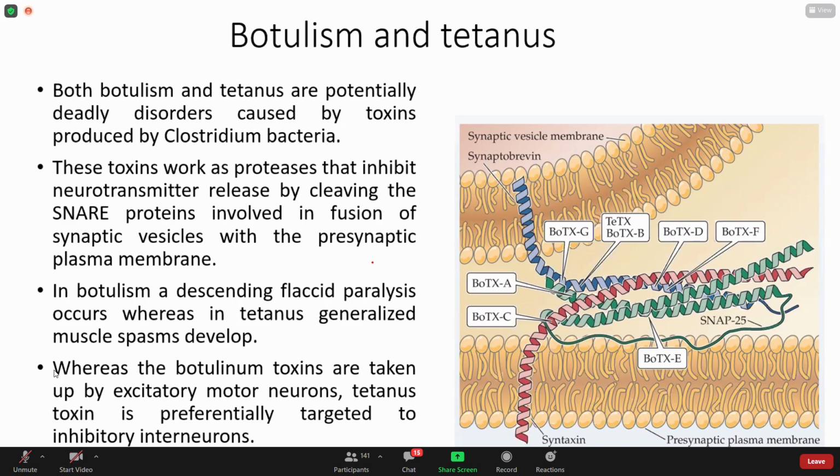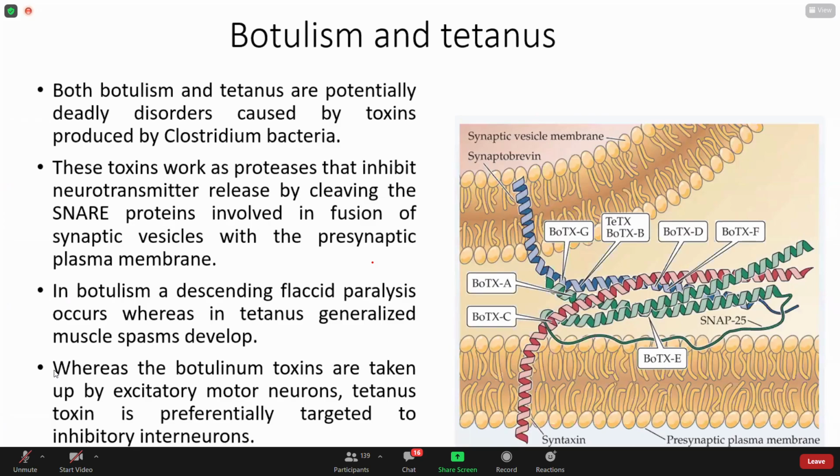Questions? Okay. Now, another condition reflects how important excitatory and inhibitory neurons are in general, so this is an application of that. This is a disease: botulism and tetanus. Are you familiar with botulism and tetanus? These conditions are basically caused by toxins from bacteria called Clostridium.